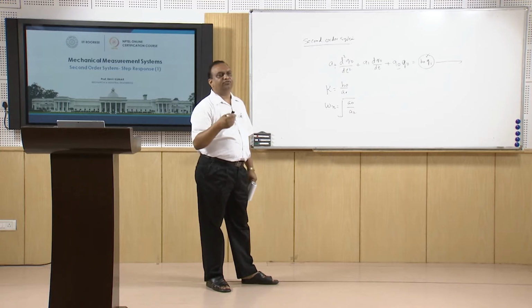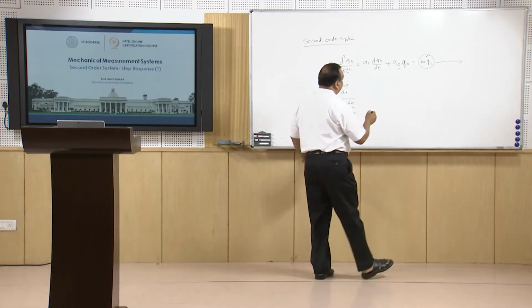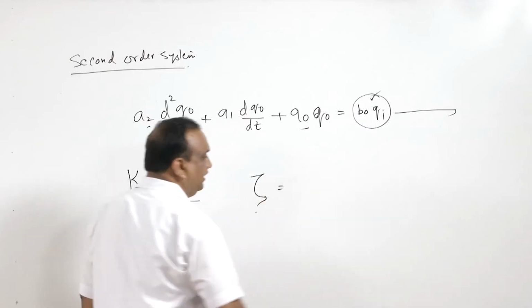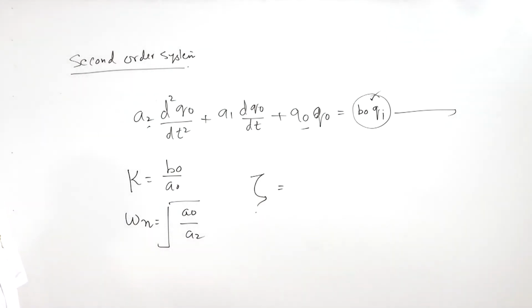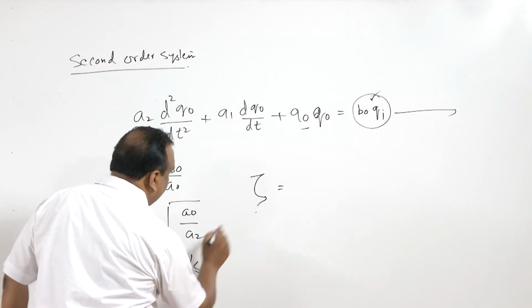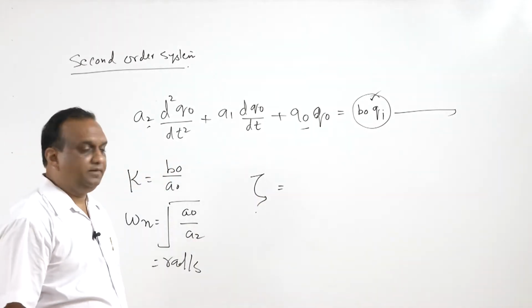The shaft will also stop after a certain period of time due to damping by the lubricating oil. So the damping ratio is normally represented by zeta. It is known as damping ratio. The unit of the natural frequency is radians per second. Now the damping coefficient has unit of Newton meter per second.